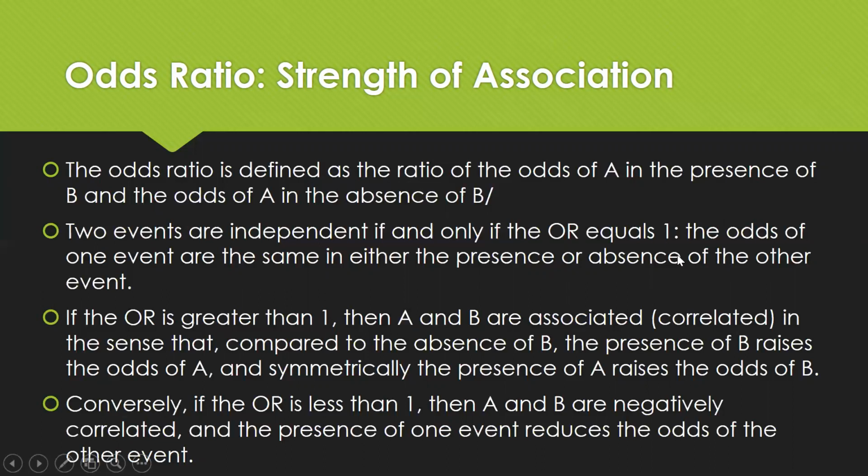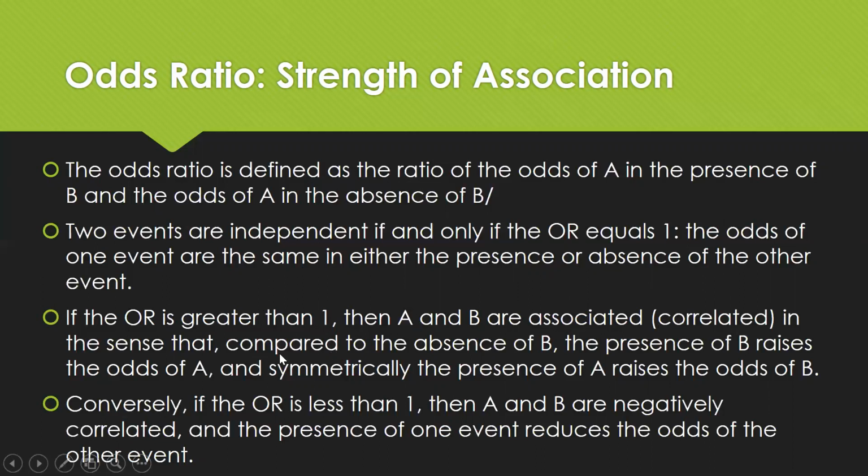So the odds of one event are the same in either the presence or absence of the other event would be the 1. But if the odds ratio is greater than 1, then A and B are associated. They're now correlated when it's over 1.